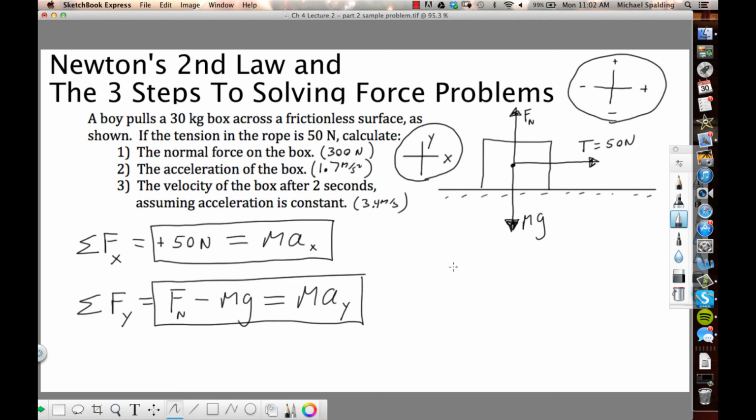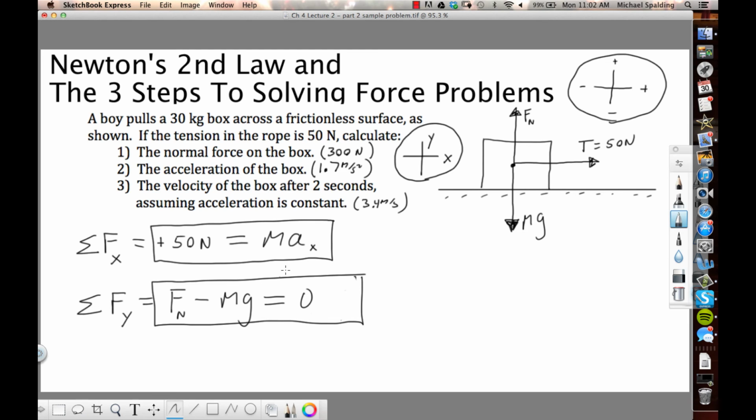So there is no acceleration in the y, which means we can set ay to 0. Everybody got that? Technically it's equal to ma, but there is no vertical acceleration because the box is being pulled along the ground.